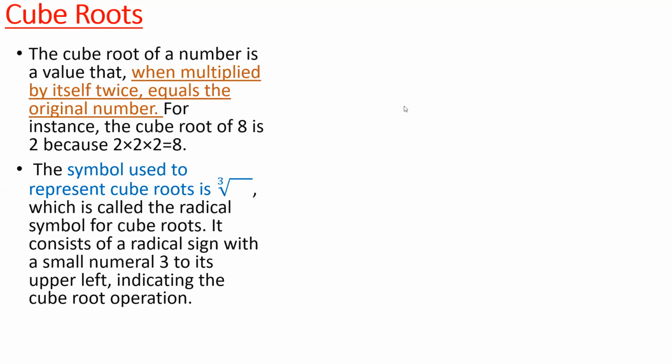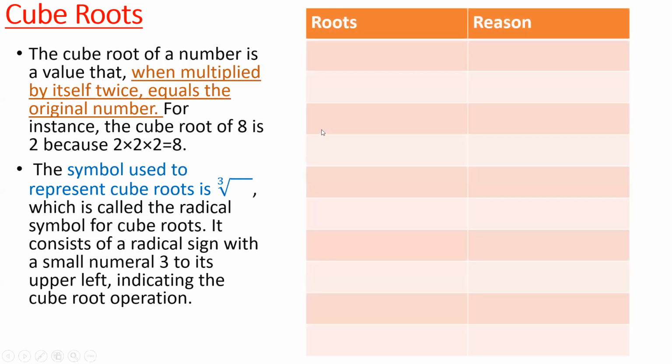Let's look at cube roots. We're going to have one table, and we're going to go up to 10. The cube root of 1 is 1, because 1 times 1 times 1 is 1.